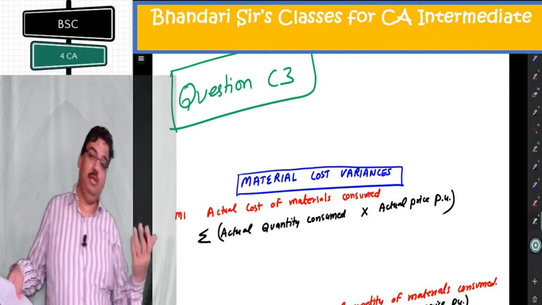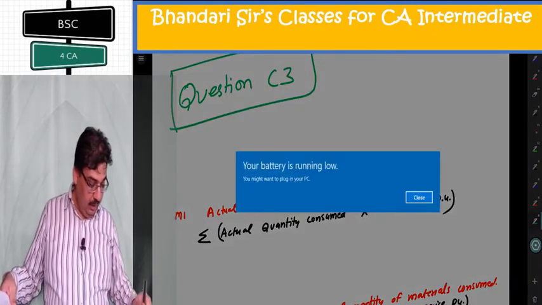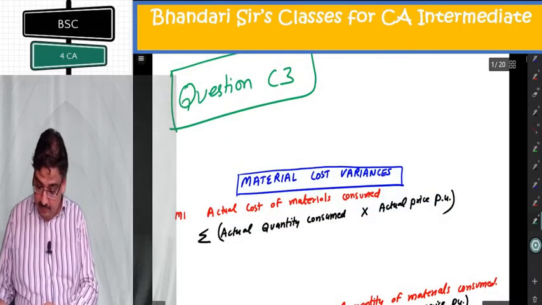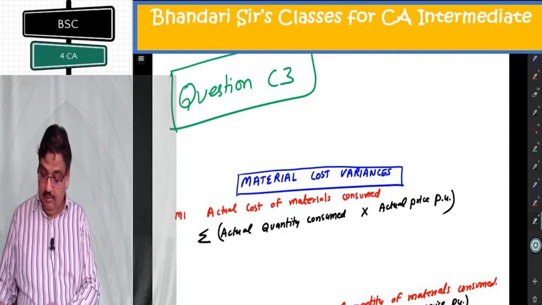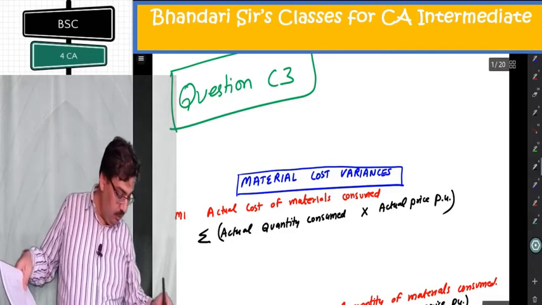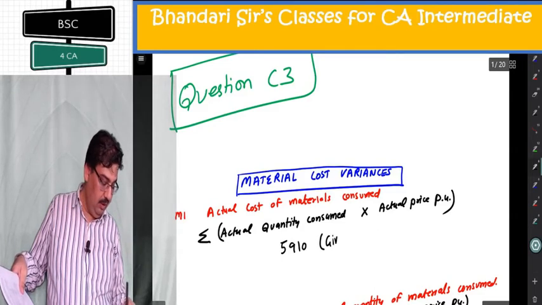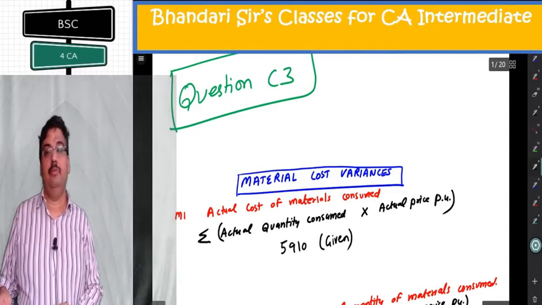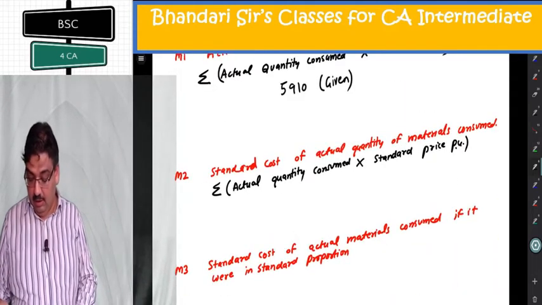For me percentages are sufficient, I don't need the budget in detail. You are given the actual cost, even the total is given, 5910. So 5910 is what I can write there. Standard cost of actual quantity of material used.